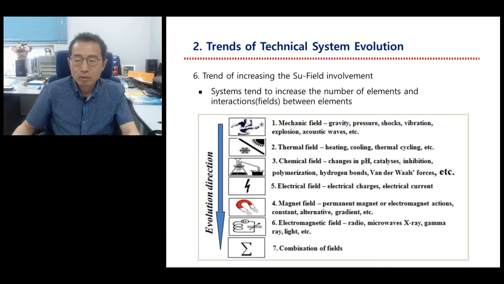The system uses various forms of a field or interaction to perform its function. In general, systems that use mechanical fields are developed at first, and then systems that use electrical, magnetic, and electromagnetic fields are developed. It also develops from a system that uses only one field to a system that uses several fields. It's the sixth trend of technical system evolution.